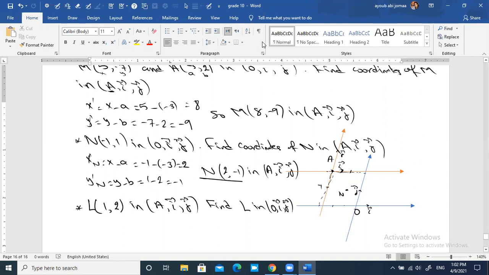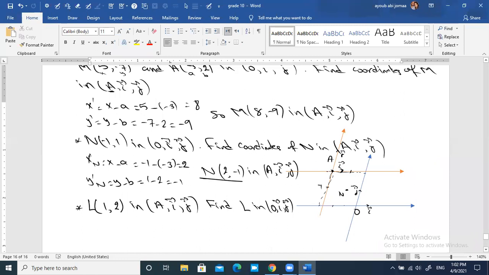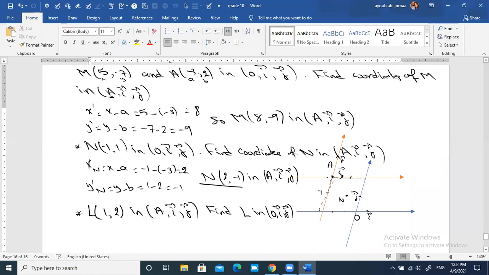Let's apply the rule again. Of course A is negative 3, 2, so A and B are the same. What are you given here? Are you given X or X prime? Y or Y prime?